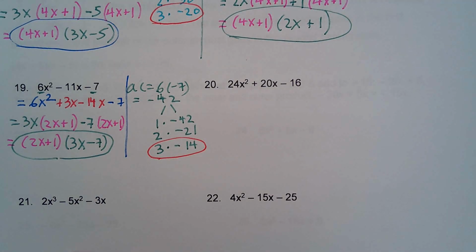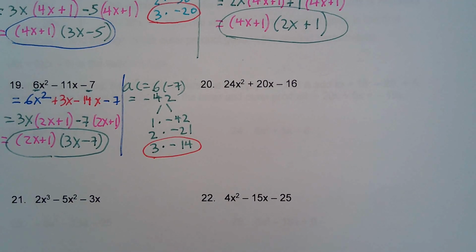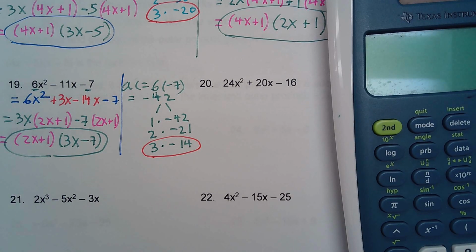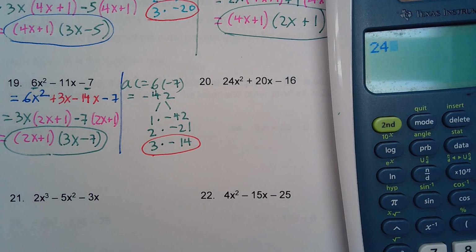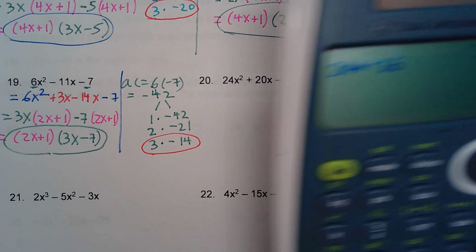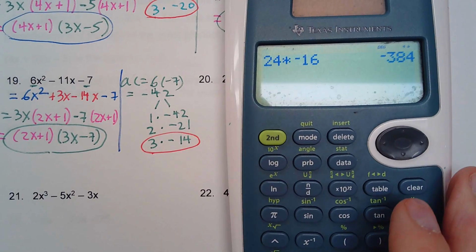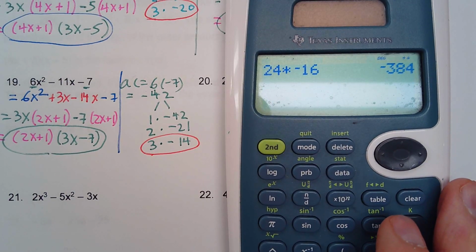So let's try this next one. Now, if I were to take 24 times a negative 16, I get negative 384. That's an awfully large number to go through all the factors of that.